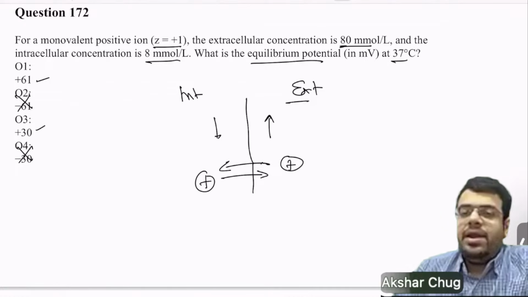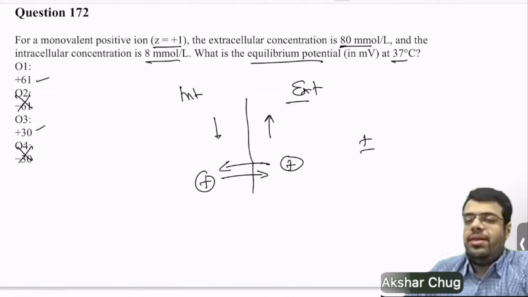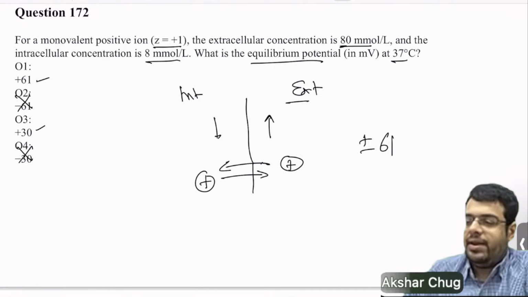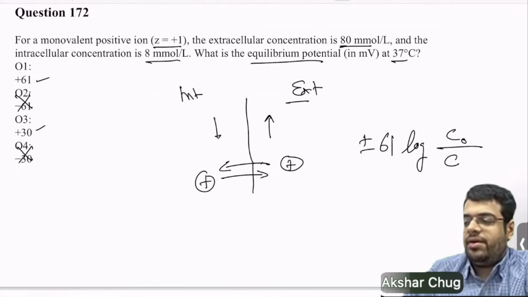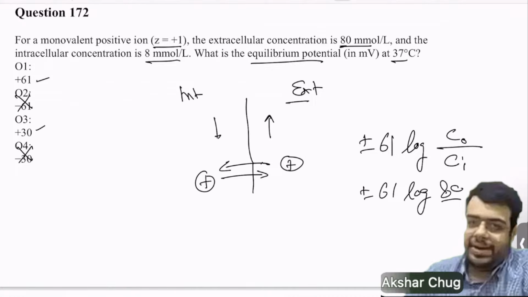Now in any such question, we know that it starts with plus or minus 61, then log of concentration outside upon concentration inside, right? So this is the formula. Plus or minus 61 log of 80 by 8, which comes out to be 10, whose log is 1.